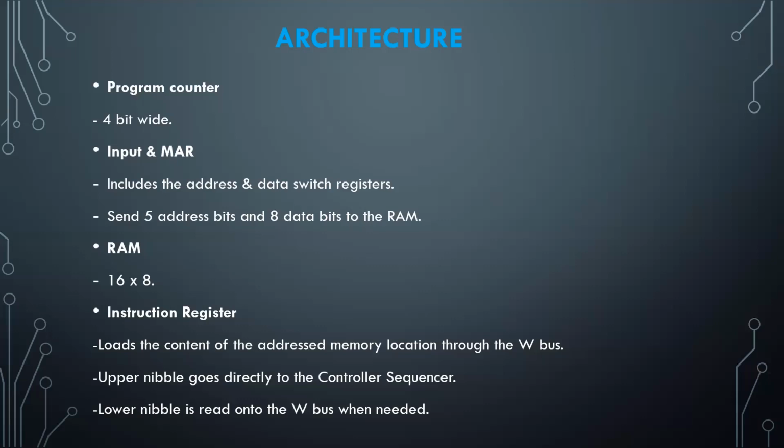The instruction register receives and stores the instruction placed on the bus from the RAM. The upper nibble is a two-state output that goes into the controller sequencer, while the lower nibble is a three-state output that is read from the bus when needed.